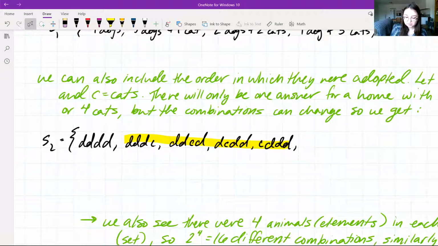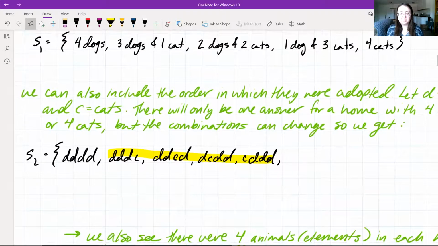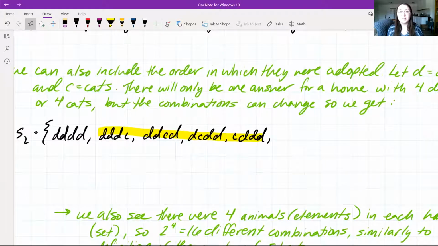So now since we found those, let's move on to our next one. So we have 2 dogs and 2 cats. So let's say we adopted dogs first and cats second. So this would be dog, dog, cat, cat. And now we can just flip it.